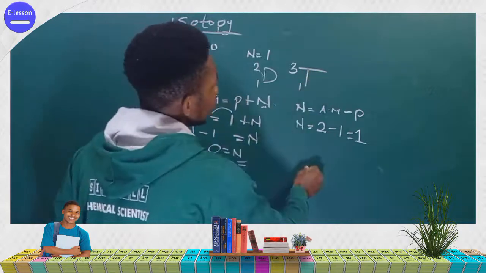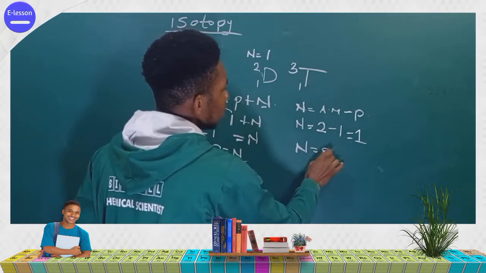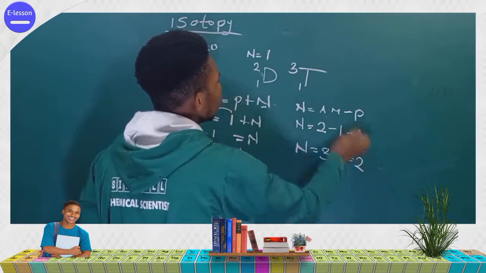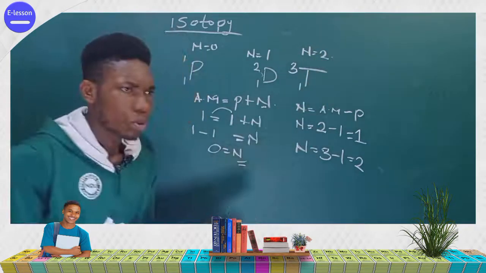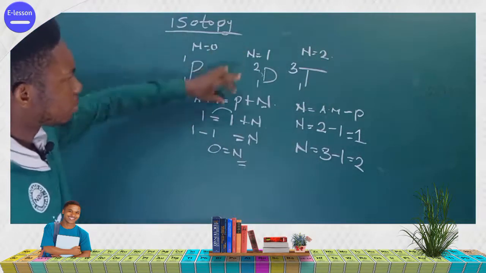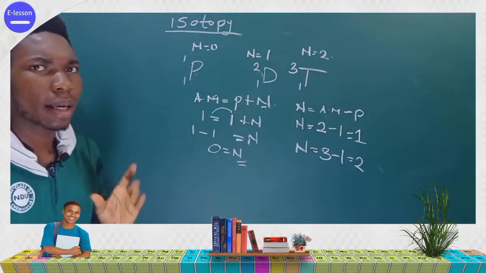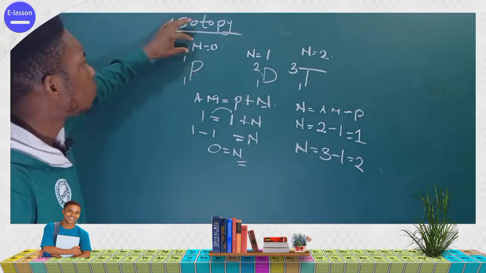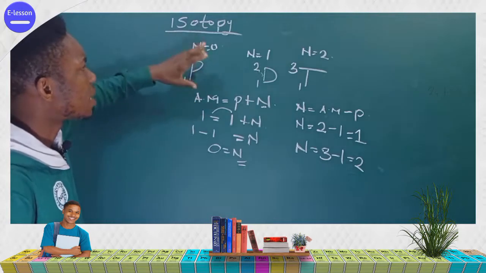Same thing is applicable to tritium. For tritium, atomic mass is 3, atomic number or the number of proton is 1, and this equals 2. So n is equal to 2. So you see these elements have the same number of proton all through, which is the atomic number. But the number of neutron differs appreciably.